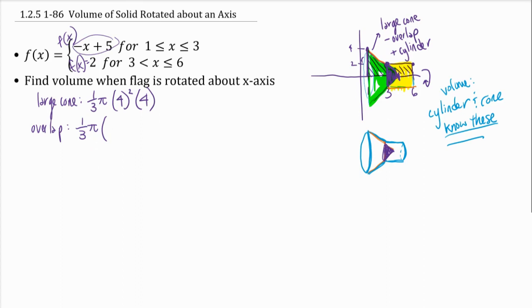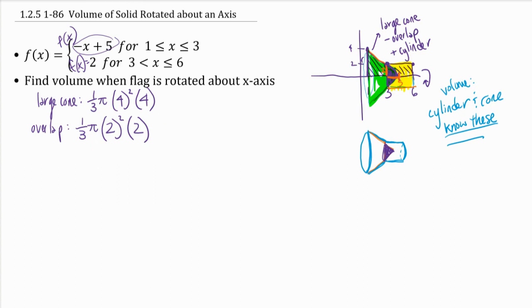So the radius right here is going to be 2. And then we already figured out that the line crosses the x-axis at 5. So from 3 to 5, that's a height of 2.